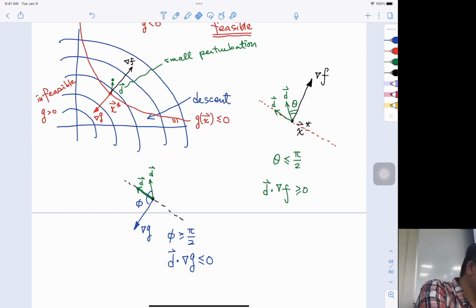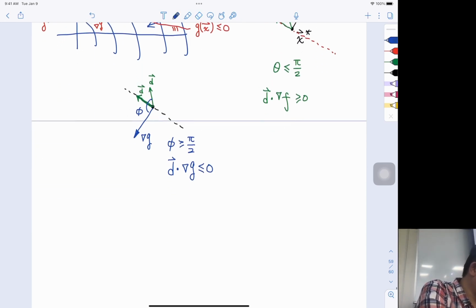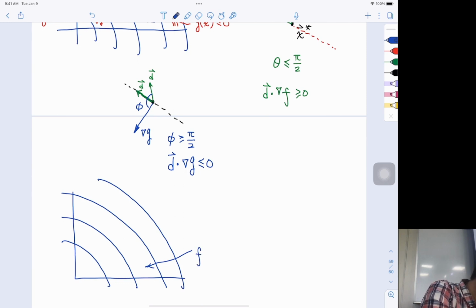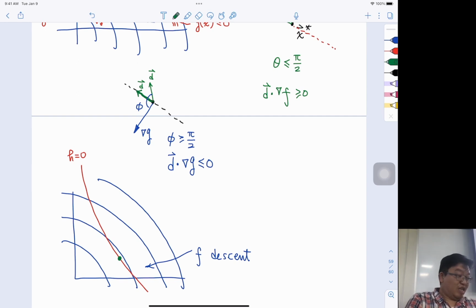that means I need a different graph. If this is my contour, descent direction, and if I have a constraint like this, h equals 0, in this case my optimal is here. If we zoom in and take a look at this position, this is like a tangent of that function equals to 0.